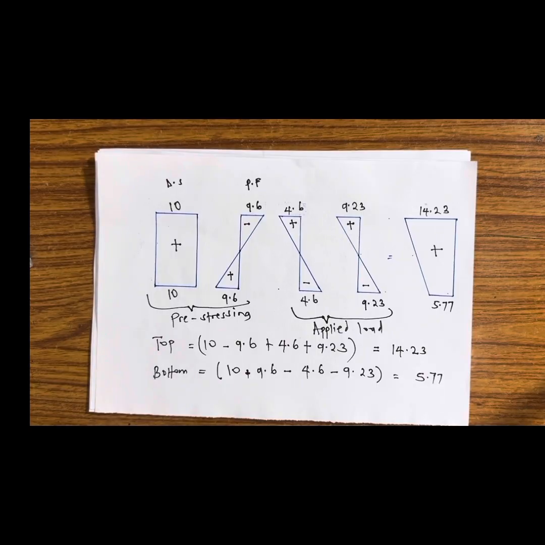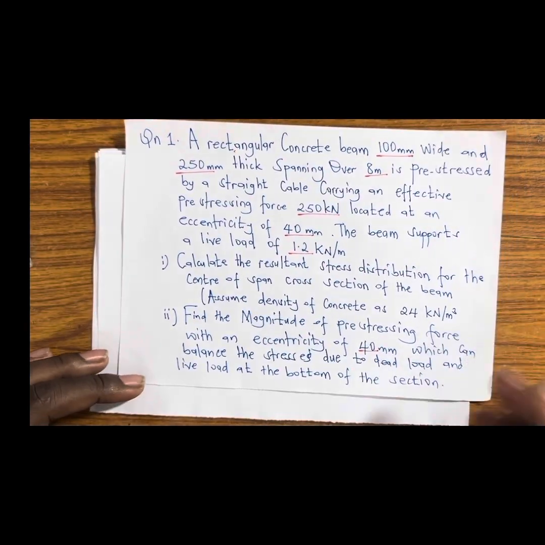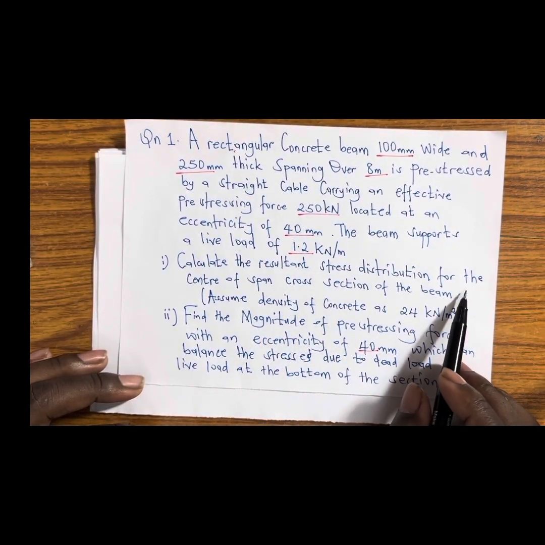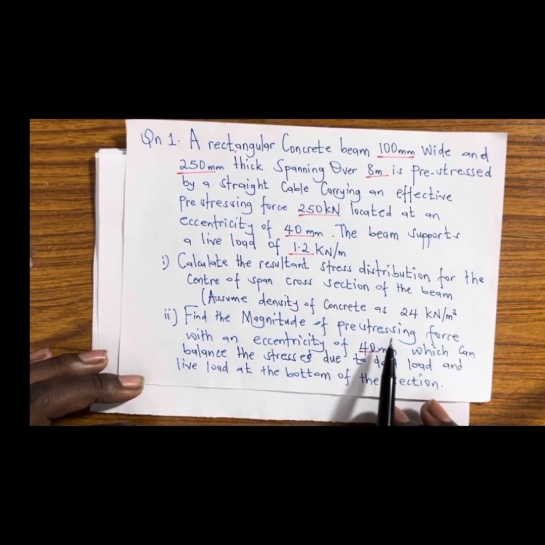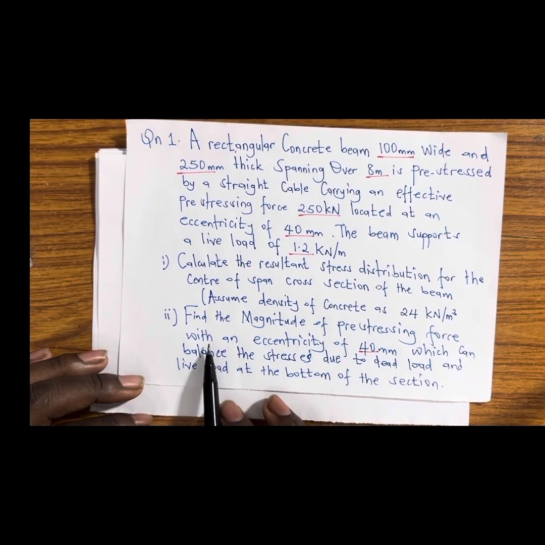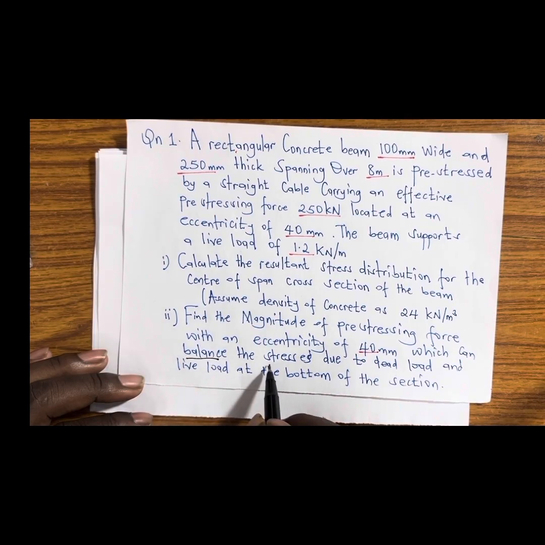Now we need to focus on answering part 2 of the question. According to the question, part 1 was calculate the resultant stress distribution. Then part 2 is saying find the magnitude of the pre-stressing force with an eccentricity of 40 mm, which can balance, take note of this, the stresses due to dead load and live load at the bottom.